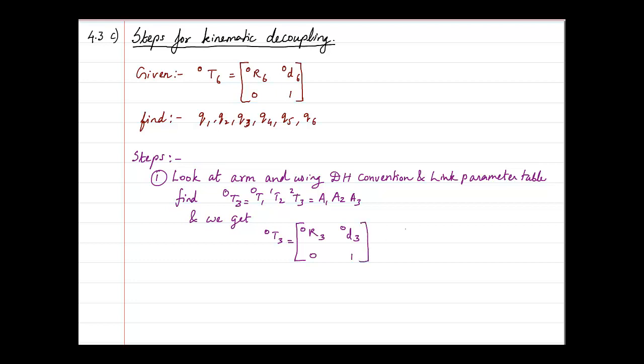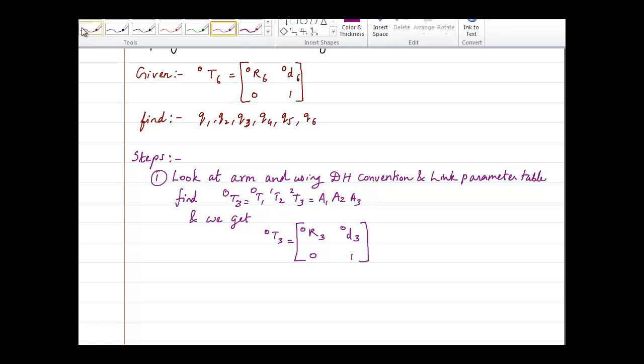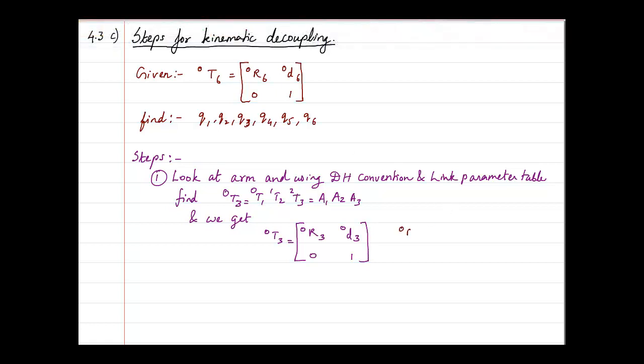As a side note, 0R3 is the orientation due to the arm, and 0D3 is the position due to the arm. So the first three joints of the arm are deciding what is the 0R3, 0D3 and all.